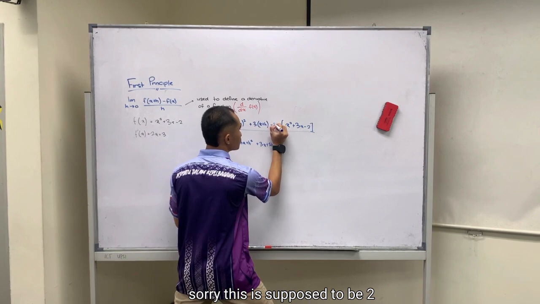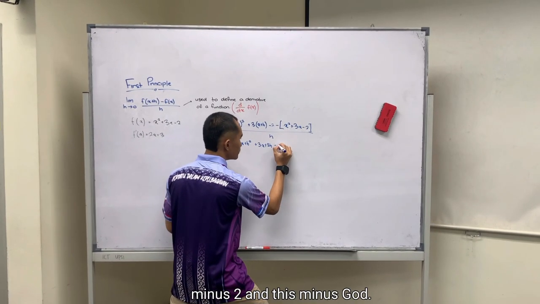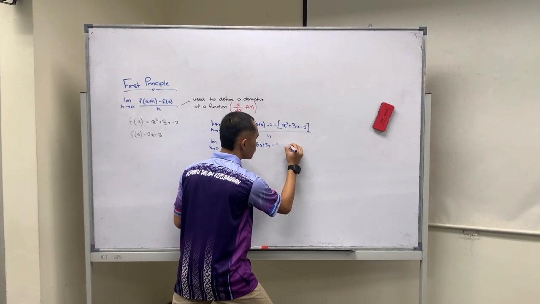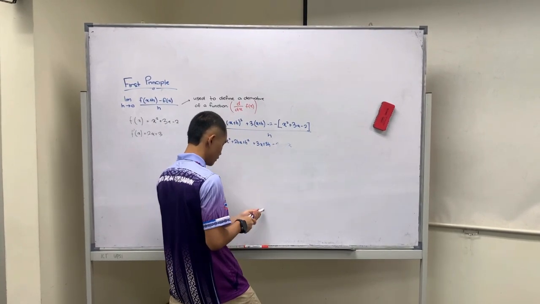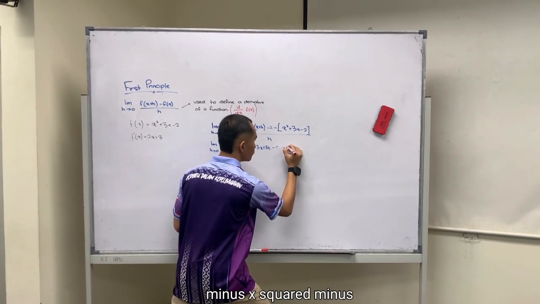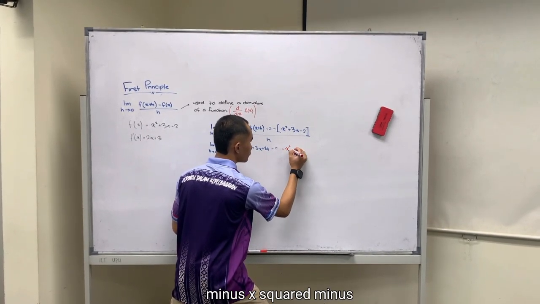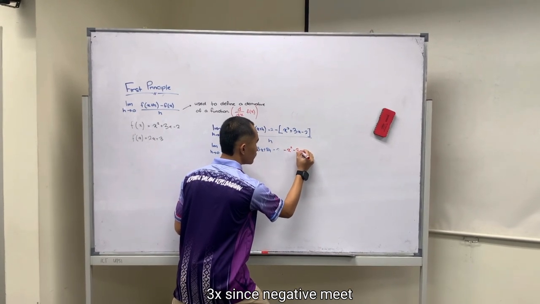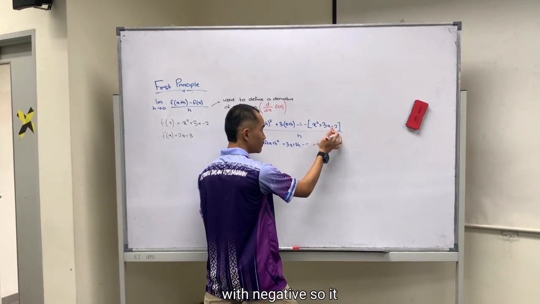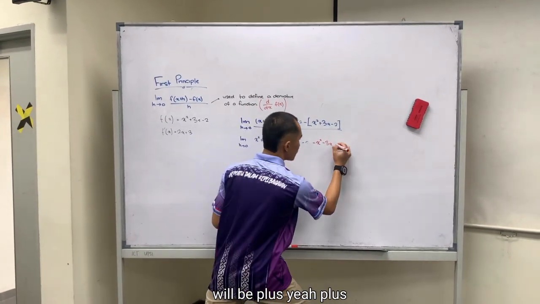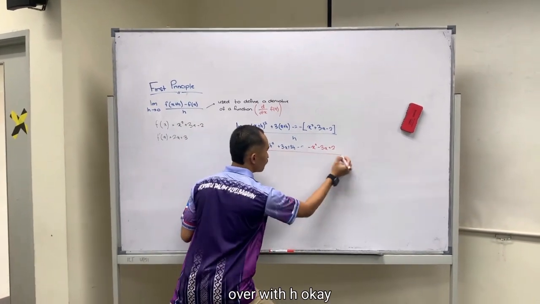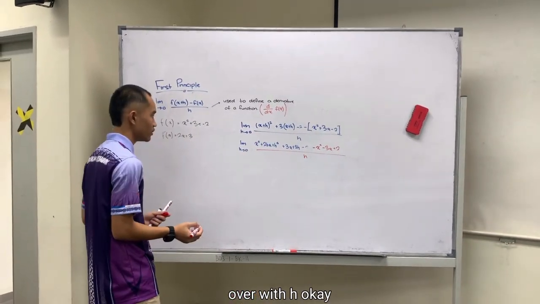Sorry, this is supposed to be minus 2, and this minus x squared minus 3x. Since negative meets negative, it will be plus 2, over h.